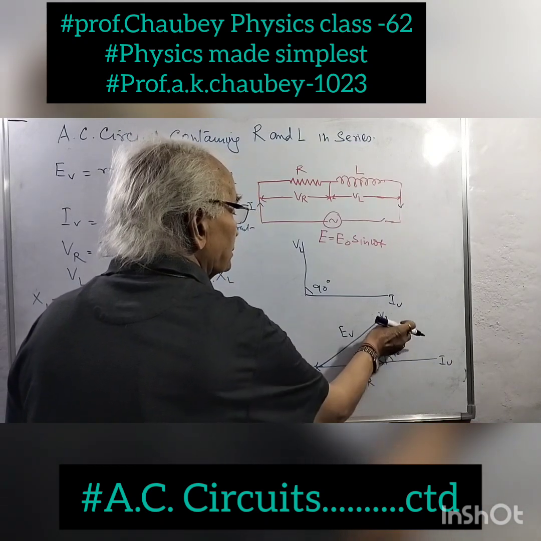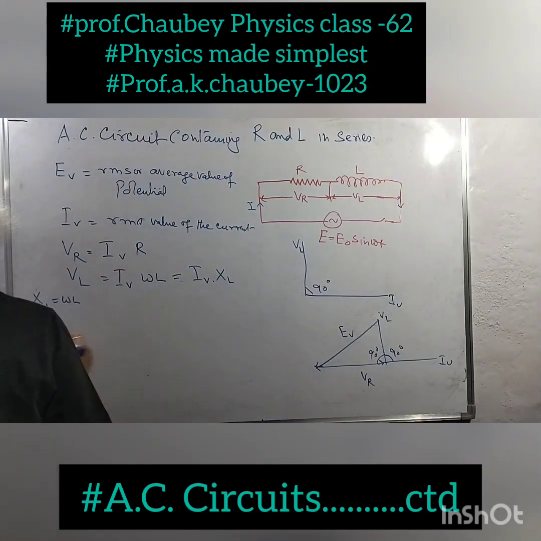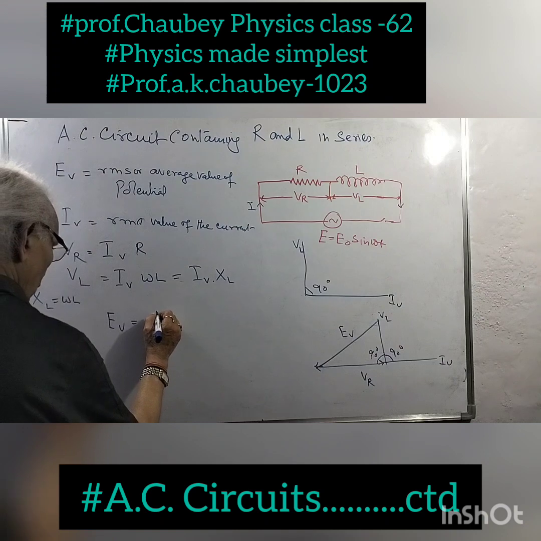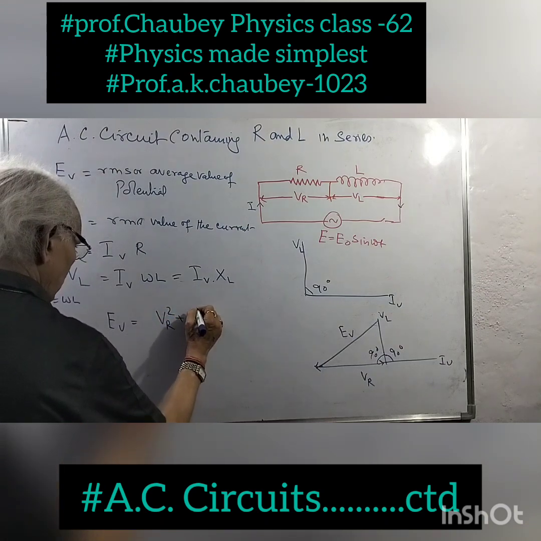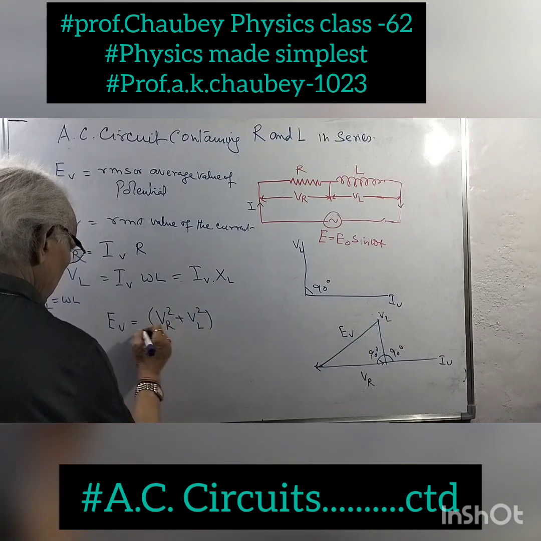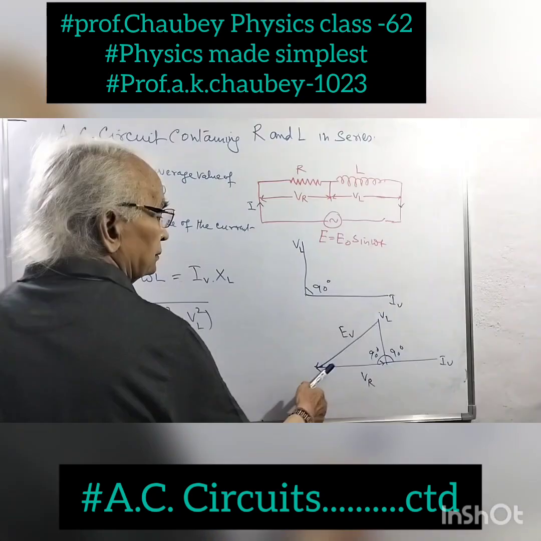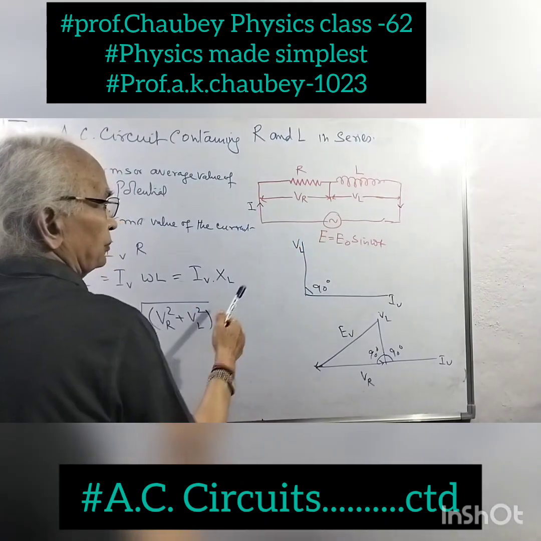So this square plus this square equals EV square. Then you can write the square of the two vectors very easily, and that will give you the value of EV. EV is equal to the square root of VR square plus VL square. Because this is a right angle triangle of the inductance potential and resistance potential.